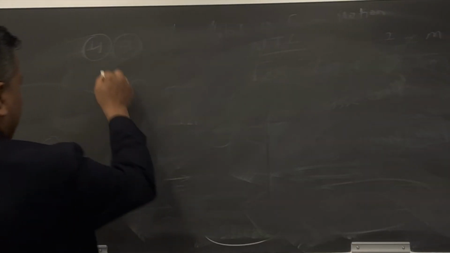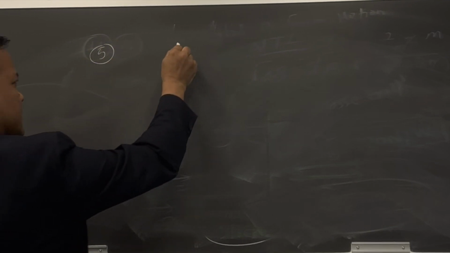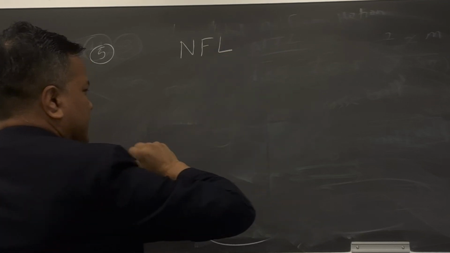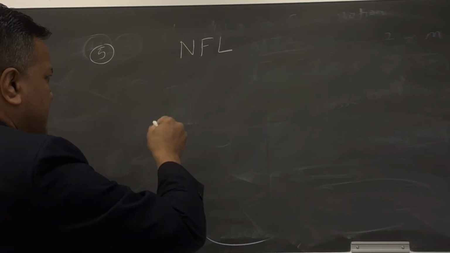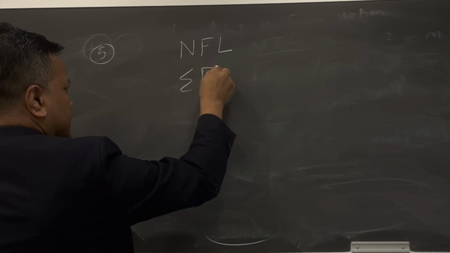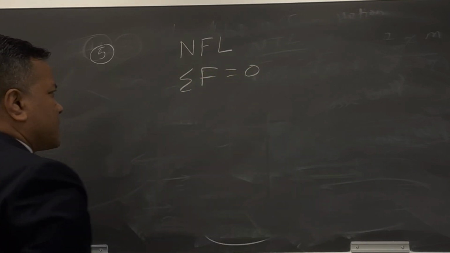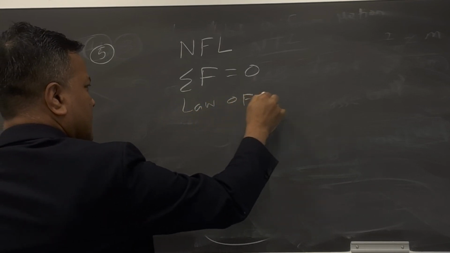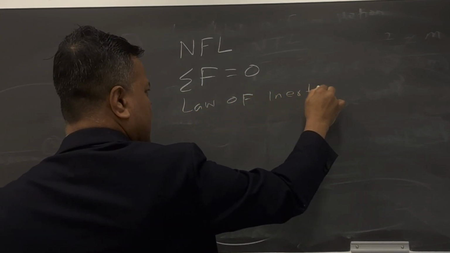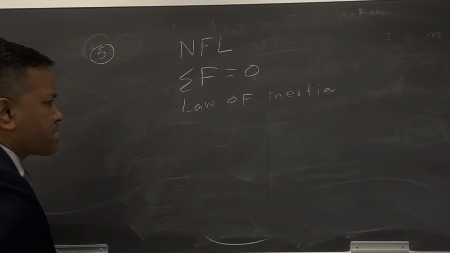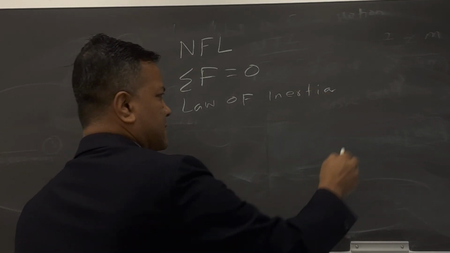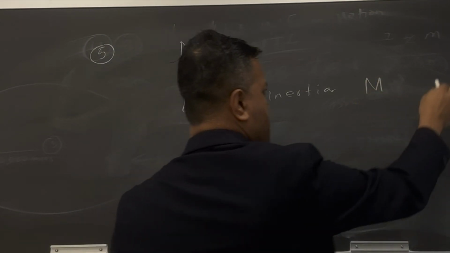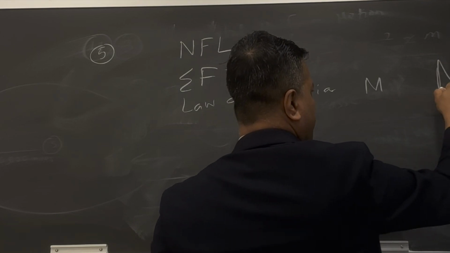Number 5 has to do with Newton's first law. Another way of writing Newton's first law is the law of inertia, which tells us that if mass gets bigger, inertia gets bigger.